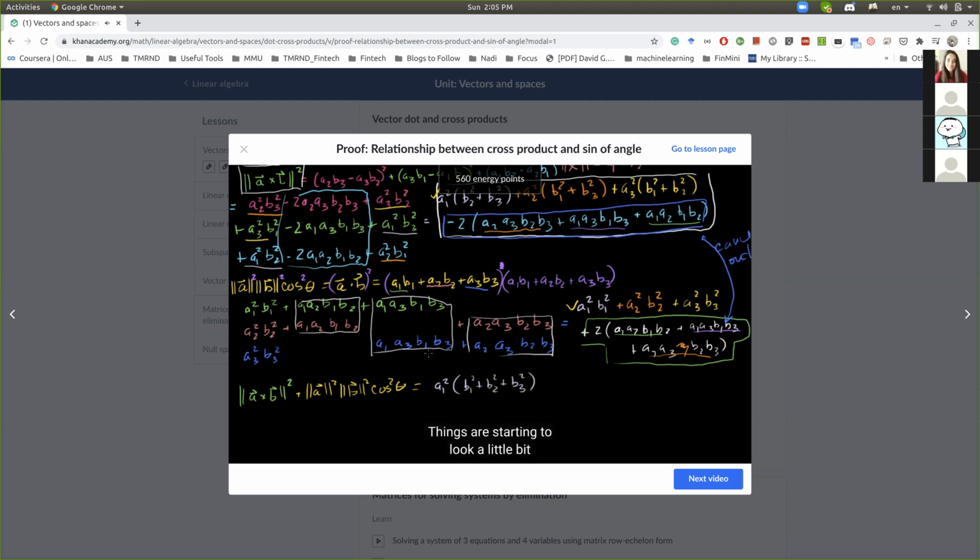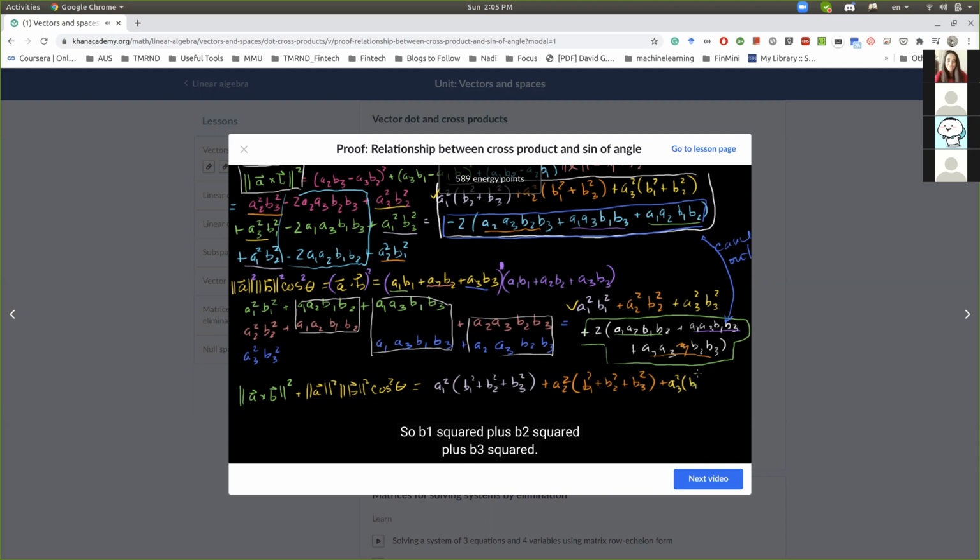Things are starting to look a little bit orderly all of a sudden. And then you have plus a2 squared times all of their coefficients added up, so b1 squared plus b2 squared plus b3 squared. And then finally, plus a3 squared, and you have b1 squared, b2 squared, and b3 squared.